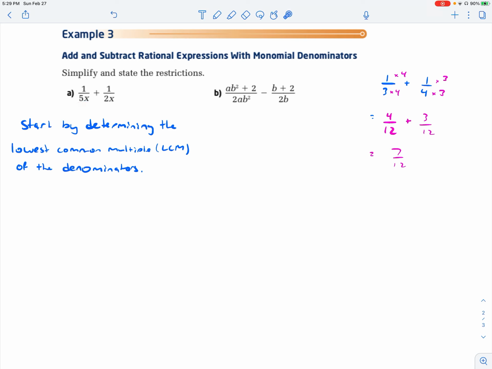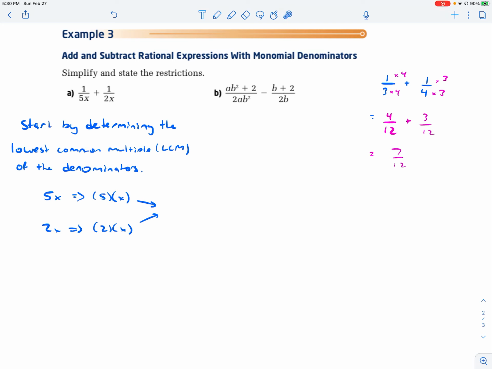So if you have a little bit of a hard time doing this, you can always write them out and then factor them. For instance, 5x is factored as 5 and x, and 2x is just 2 and x. So together, I can create something that's going to be common.